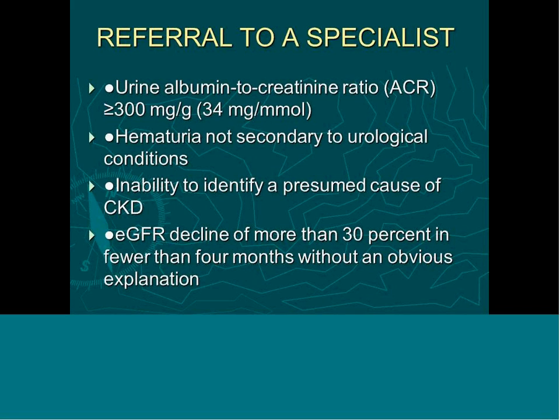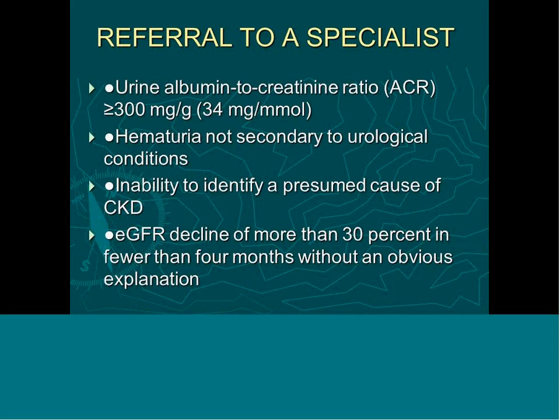Hematuria that is not secondary to urological conditions, meaning it is not because of prostate cancer, bladder stones, or BPH. If you cannot identify a presumed cause of chronic kidney disease, the patient should be referred to a nephrologist for help.